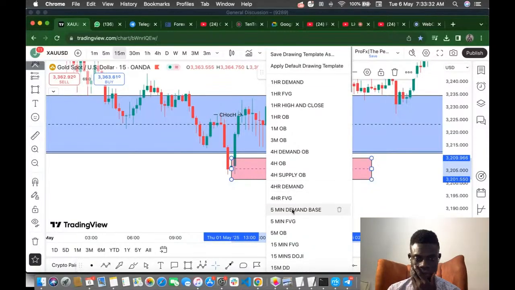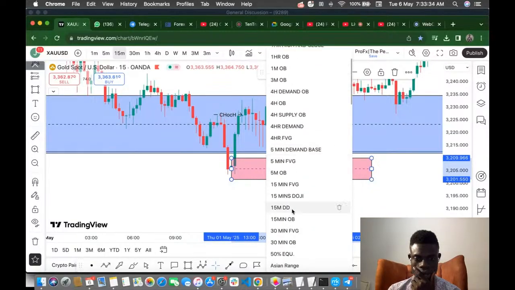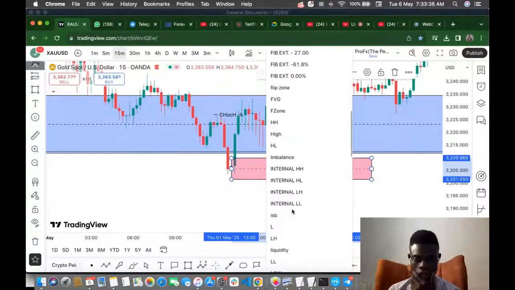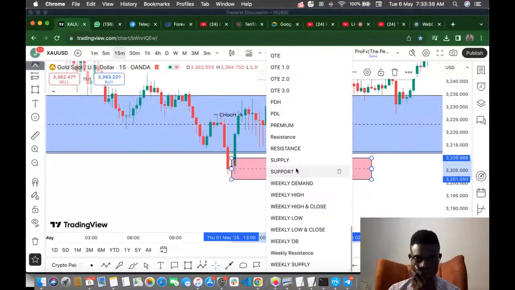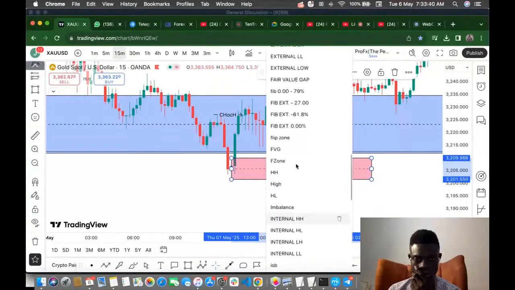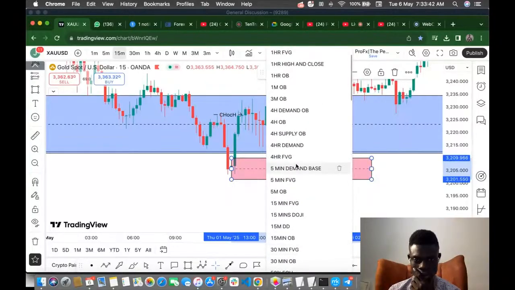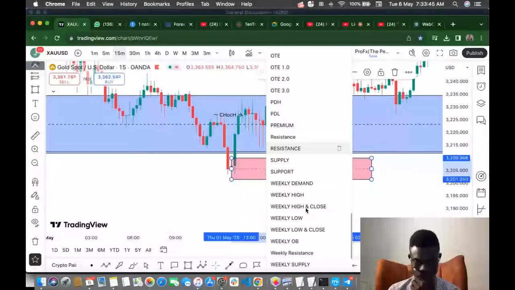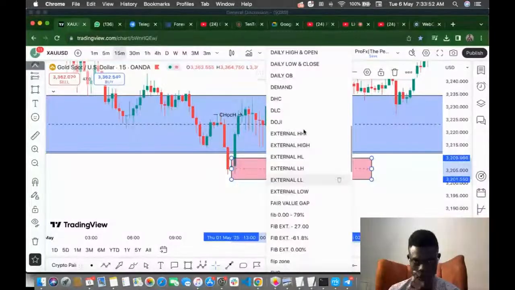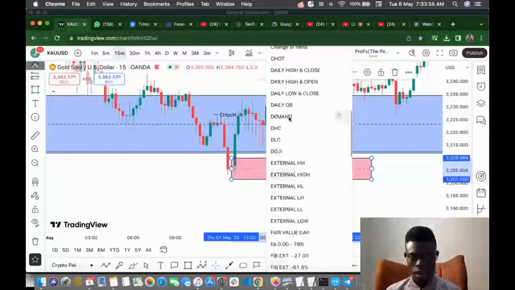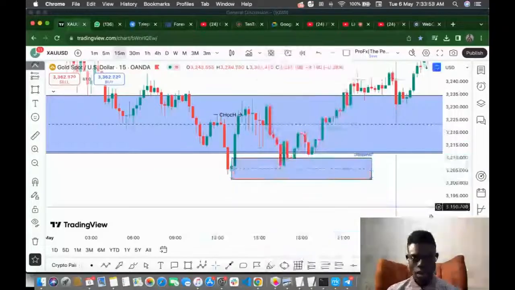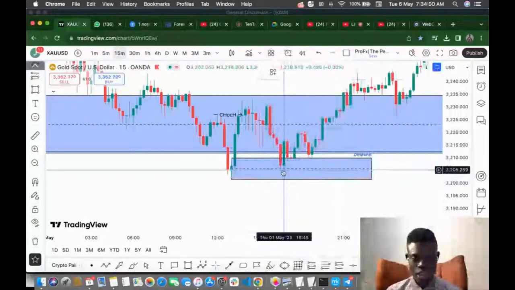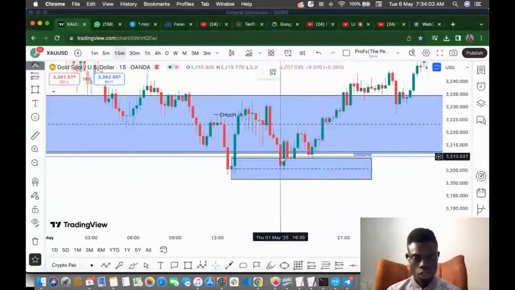So that base, 15 minutes, I will call it 15 minutes demand base. So price came back to that base and your entry is either the middle line or the pixel line.